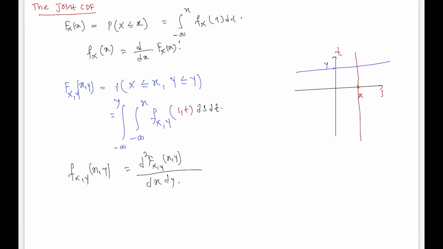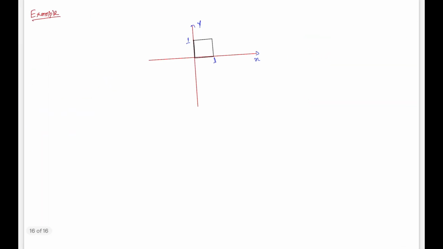So let's take an example. Let's suppose we have a uniform joint PDF, and the probabilities are distributed over this unit area. This is what is given, and we are interested in finding the joint CDF.